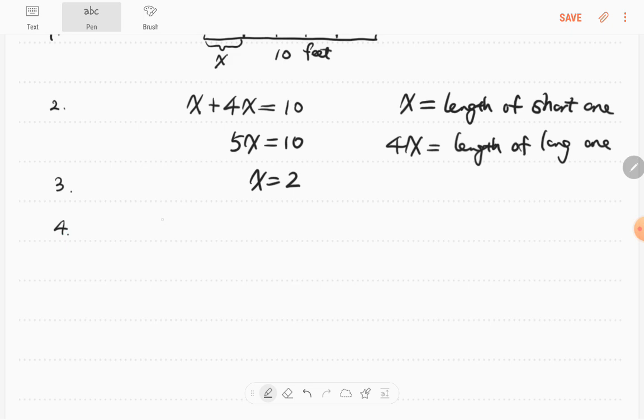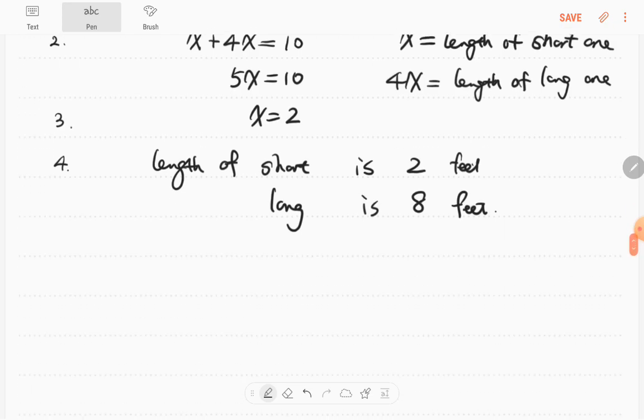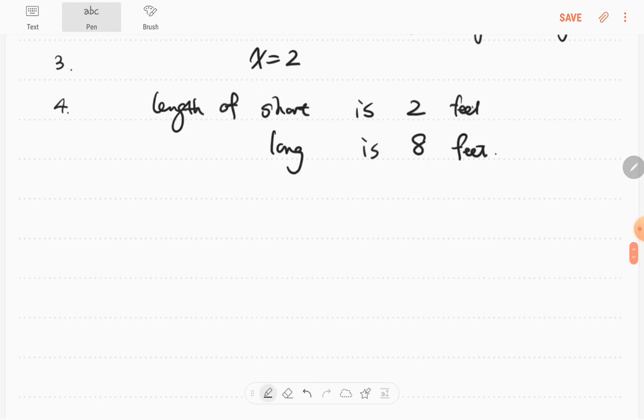So our conclusion will be the length of the short piece is 2 feet. The length of the long piece is 4x, so 4 times 2 will get 8 feet. Okay? So that's how we do this kind of question, because there's a relationship among unknown pieces.